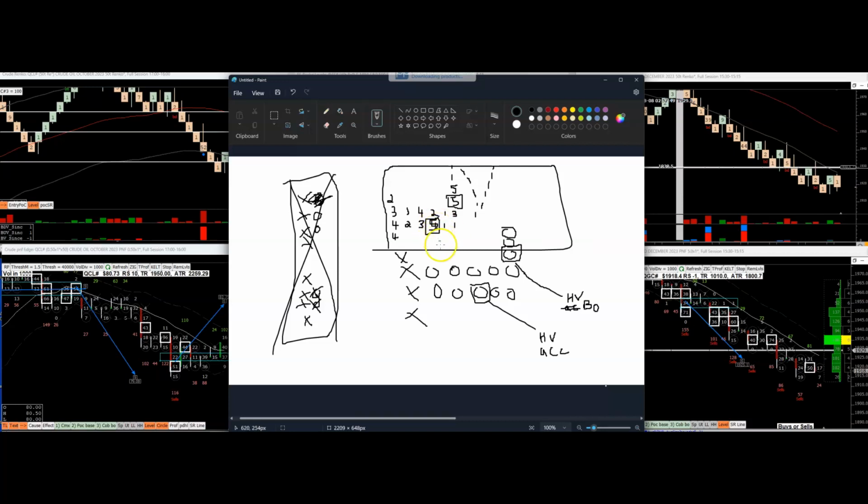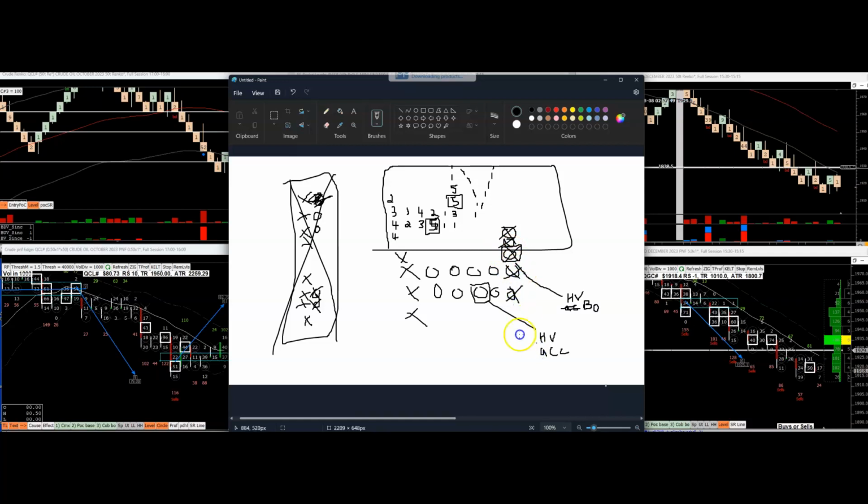Very, very important. I'm just watching X's and O's, dumbfounded, like, okay, it's going sideways. And then there's a line, oh shit, I put O's, I should have put X's. Because it's an up column, it's X's.